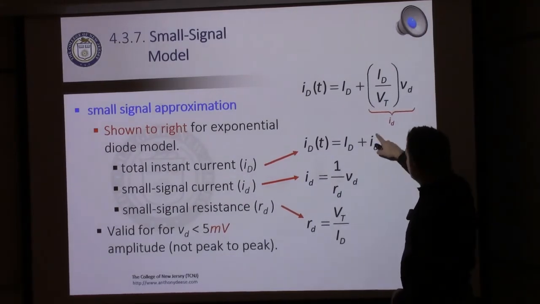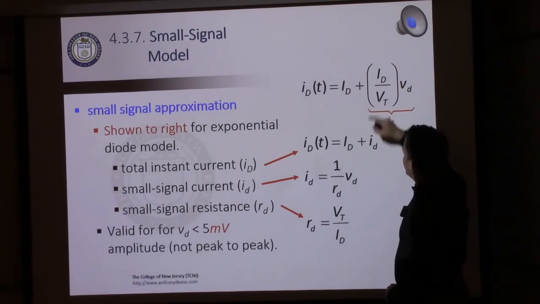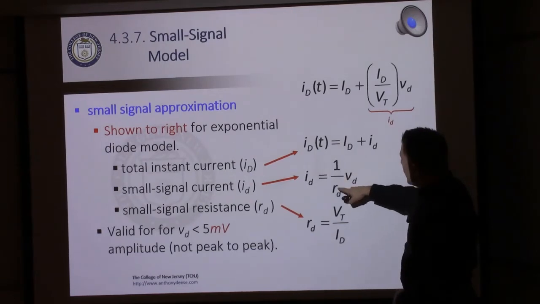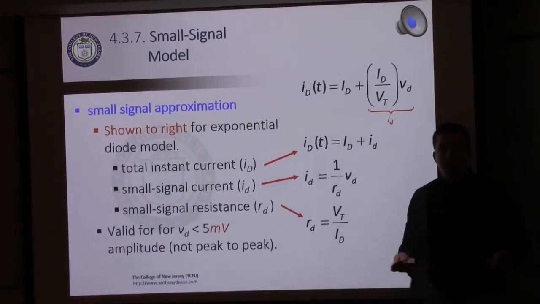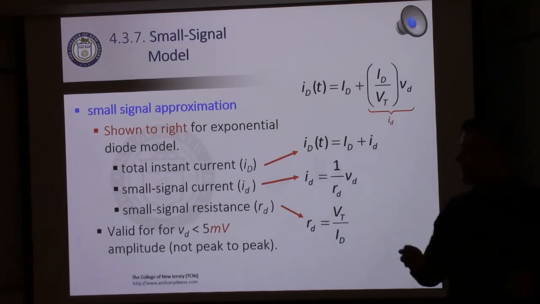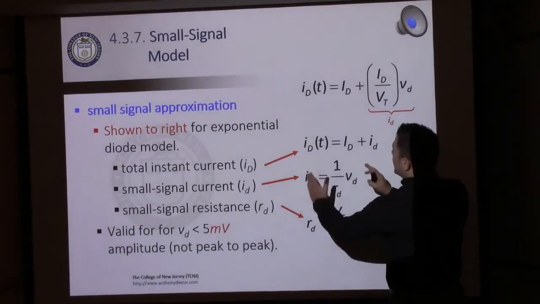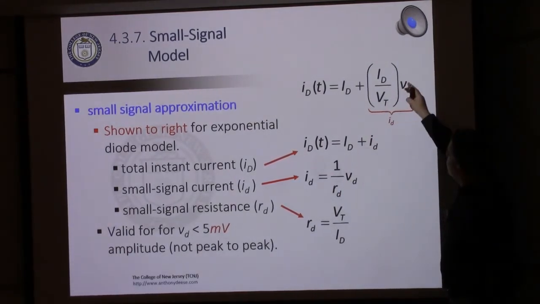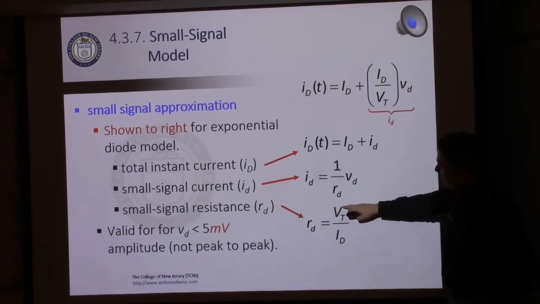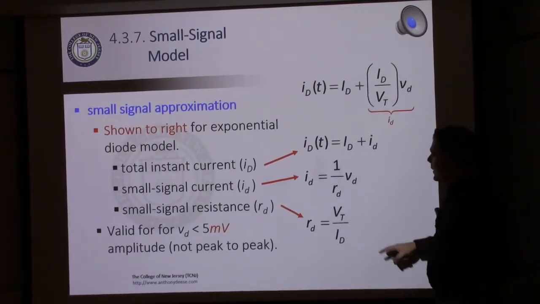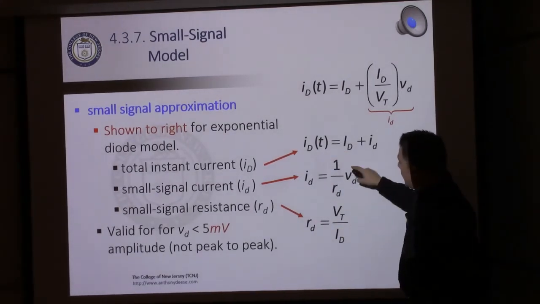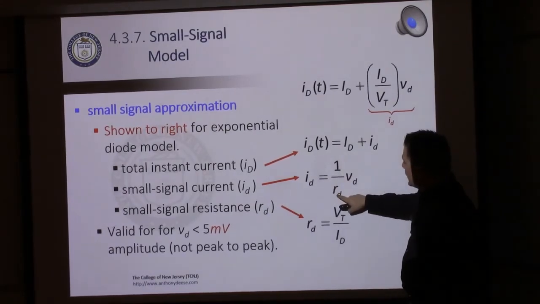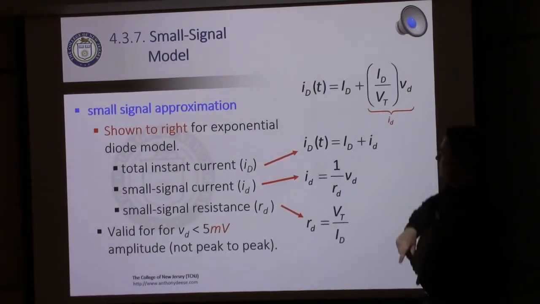Now this, given what we see right here, can also be represented as VD over RD, where we're introducing this new value, which we're calling the small signal resistance. So if we compare this equation to this one up here, what value of RD makes these two equivalent? And the answer is VT over big I, big D. Because if we insert this, we end up with little i, little d equal to big I, big D over VT times little v, little d, which is the same thing that we have right here.